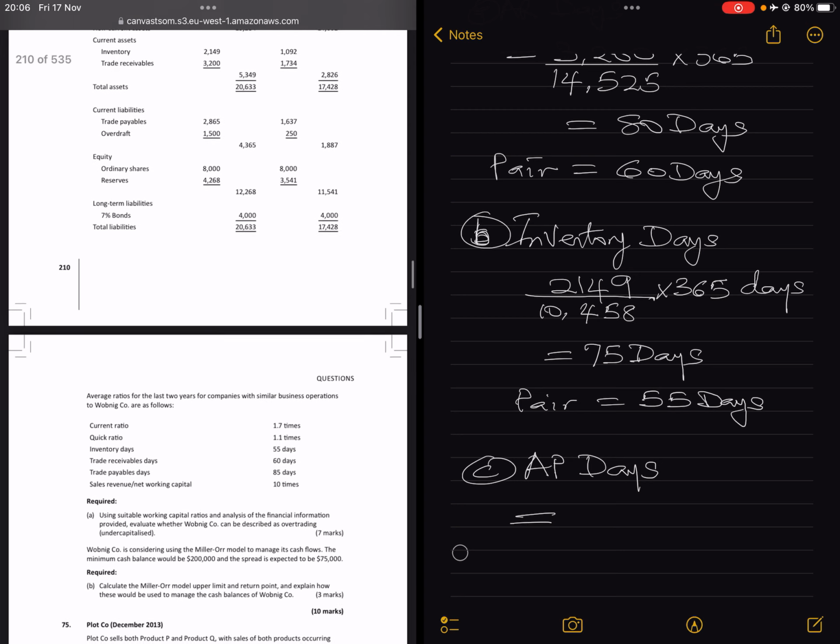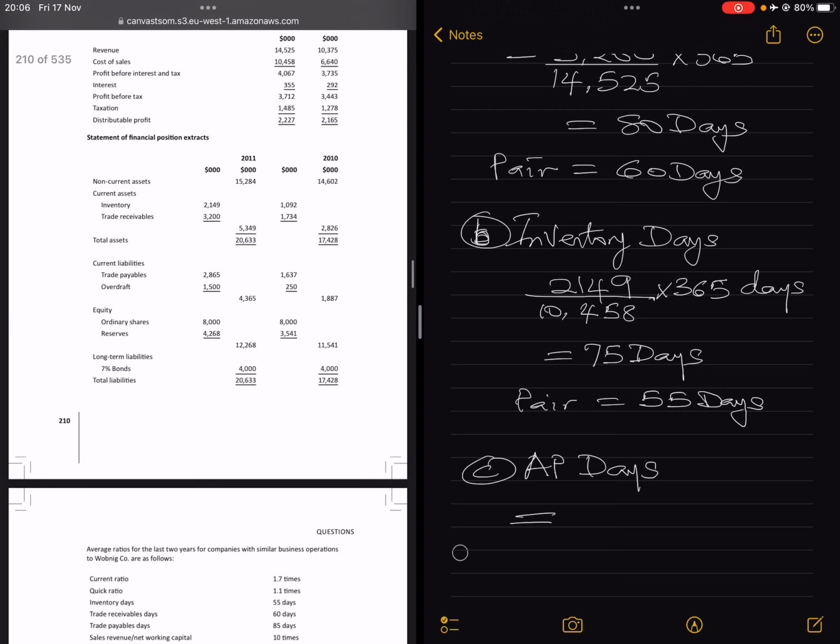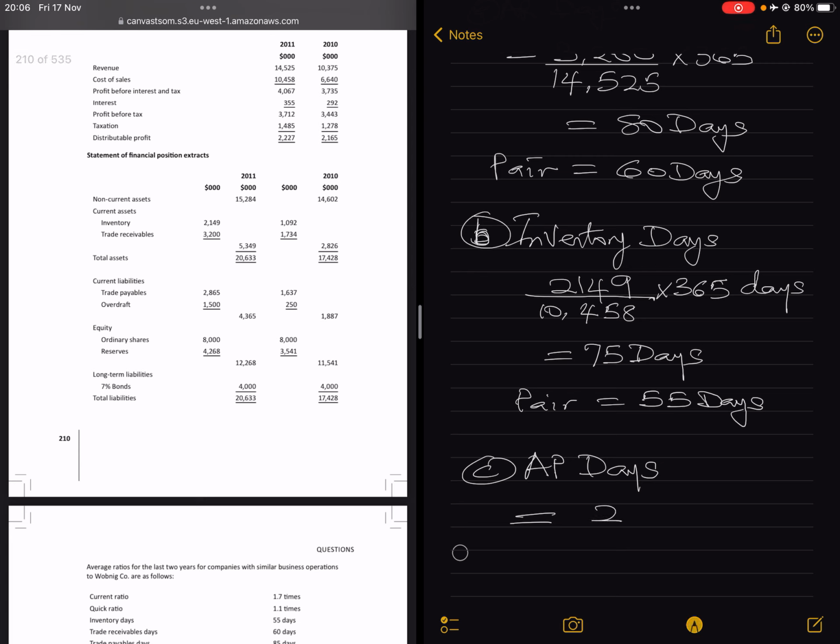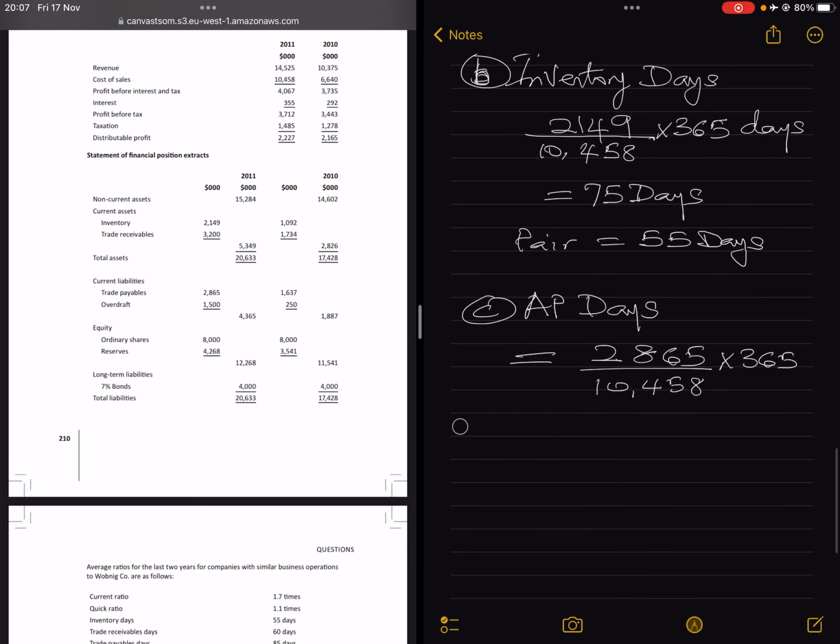AP balance. Our AP balance is 2865 divided by cost of sale of 10,458 multiplied by 365 days. Let's see what that comes to. 2865 divided by 10,458 times 365. That's 100 days.